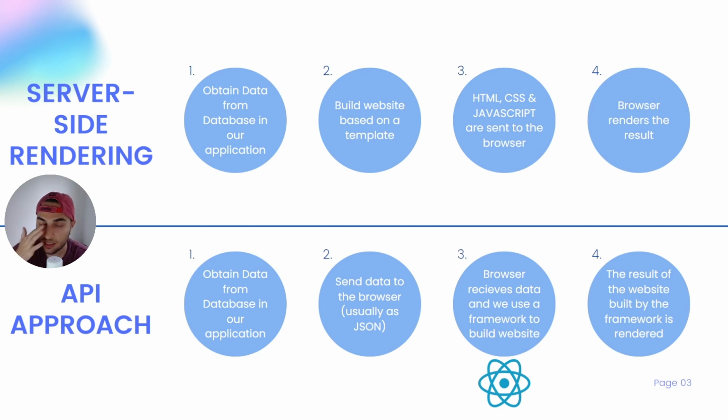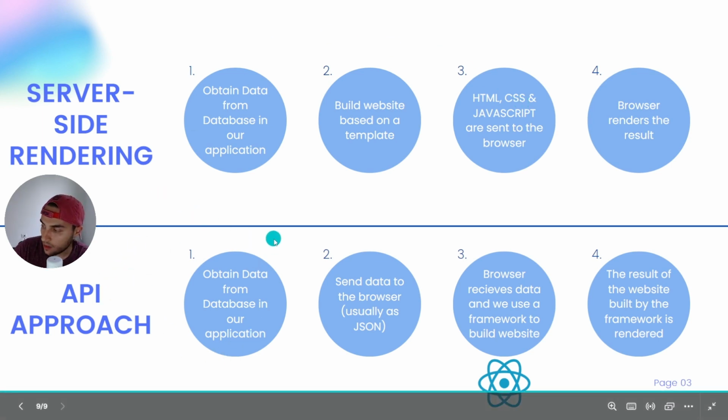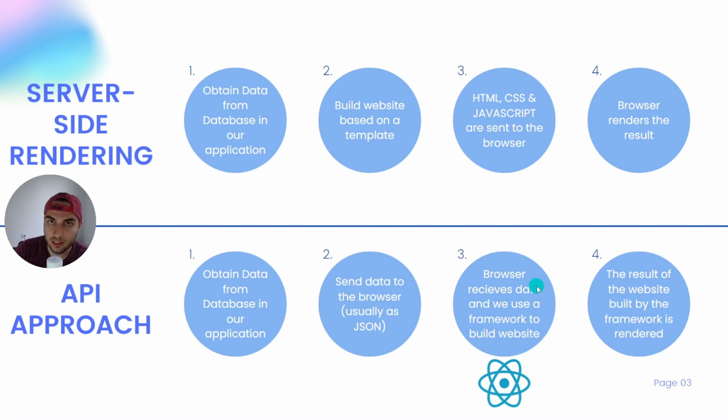But the main difference is that the website in server-side rendering relies on the application. The application is in charge of obtaining the data, building the website, and sending the website to the browser. But in this API approach, we obtain the data and just send the data, and then the browser is in charge of building the template, so to say, building the HTML, CSS, and JavaScript, and then rendering it, which I like better.